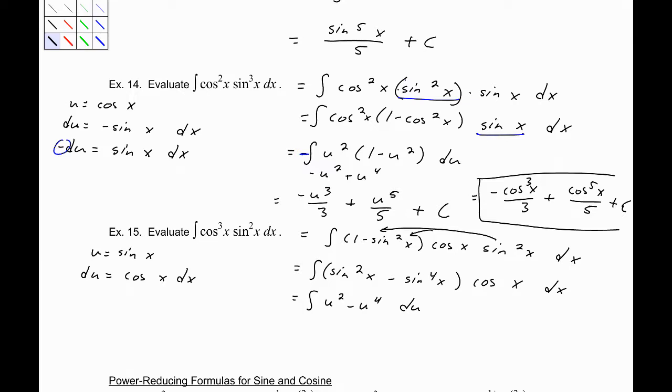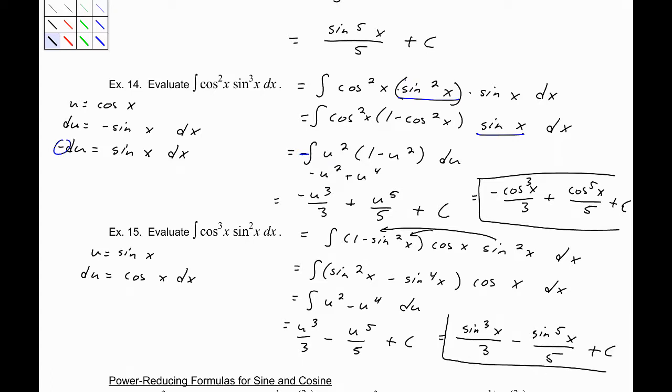Alright, so using my power rule, u cubed over 3 minus u to the 5th over 5 plus c, which, substituting u back in, is sine cubed x over 3 minus sine to the 5th x over 5 plus c.